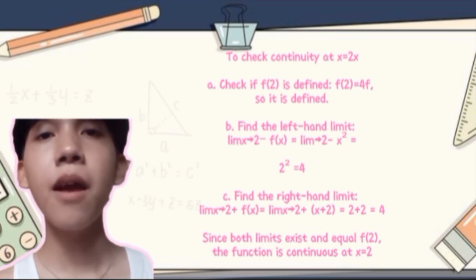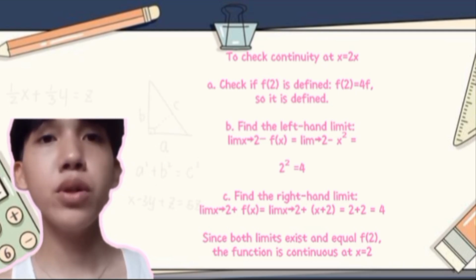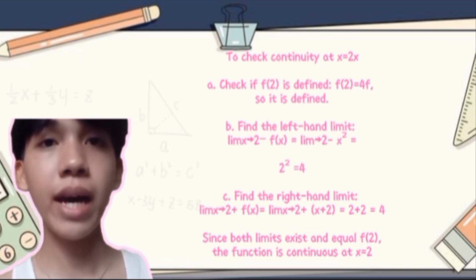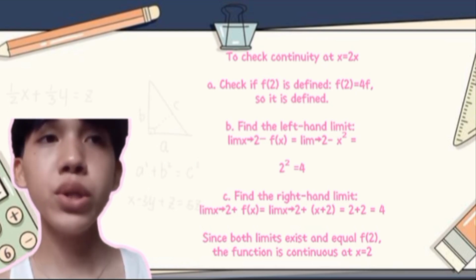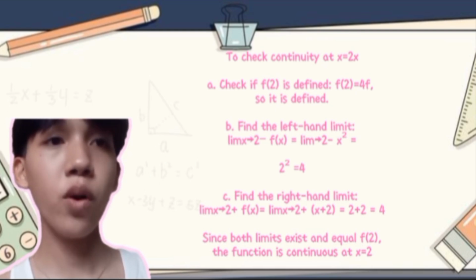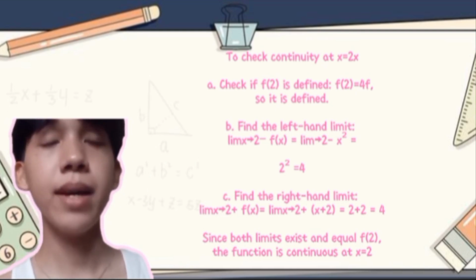B. Find the left-hand limit. The limit as x approaches 2 from the left of f of x is equal to the limit as x approaches 2 from the left of x squared, which is 2 squared, which is equal to 4. C. Find the right-hand limit.